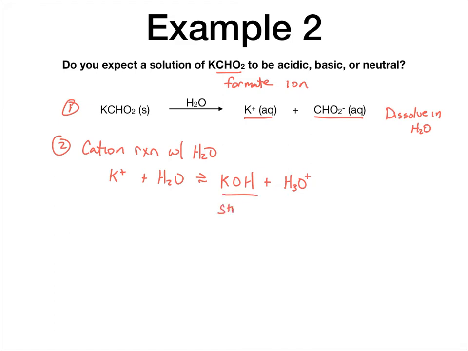KOH is a strong base, which means that as soon as it forms, it immediately dissociates. So really, my K plus and water is no reaction. When potassium is dissolved in water, it creates a neutral solution.